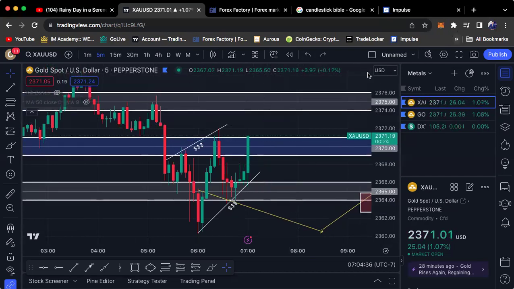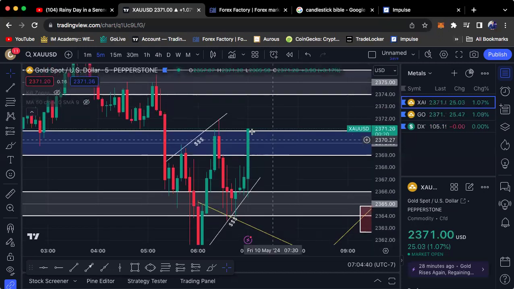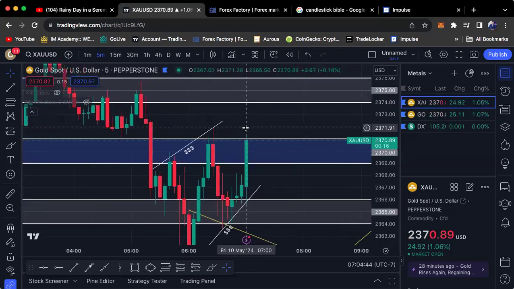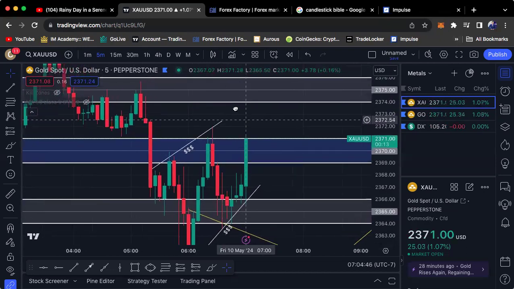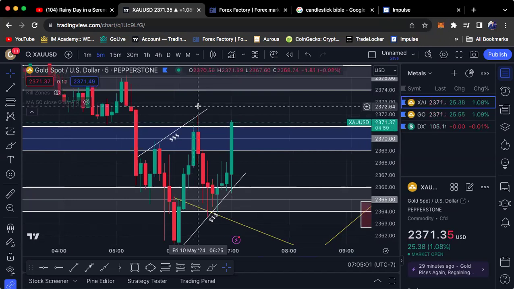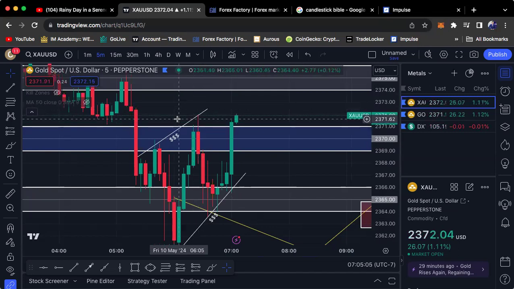And buyers are dominating right now. Let's see if it breaks above the zone here. Boom.